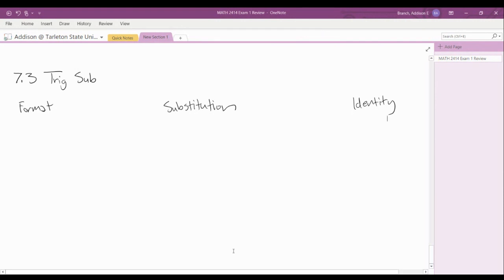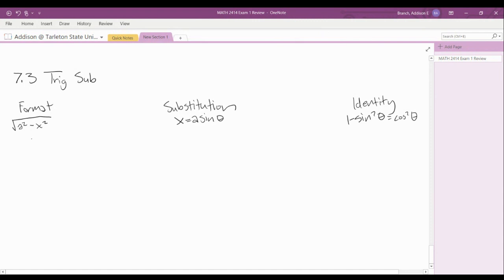If we are given the format where we have some constant a squared minus some x squared, our substitution is going to be x is equal to a sine of theta, and we implement that because 1 minus sine squared of theta is equal to cosine squared of theta.